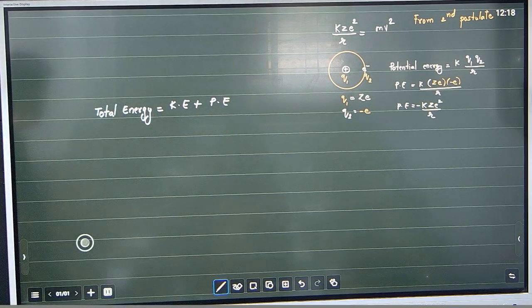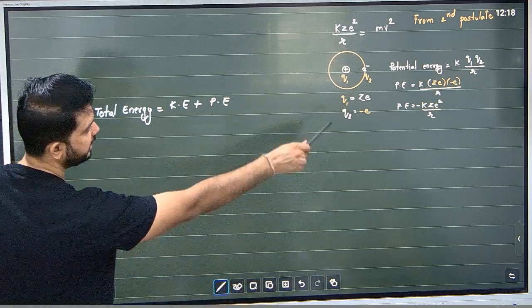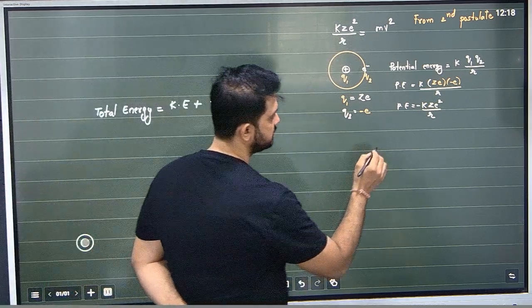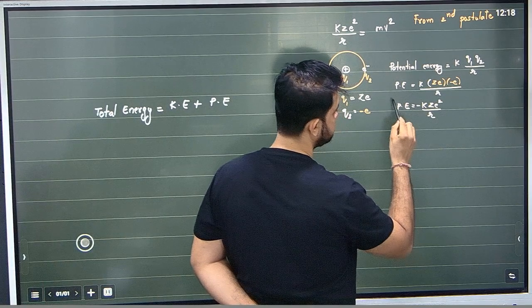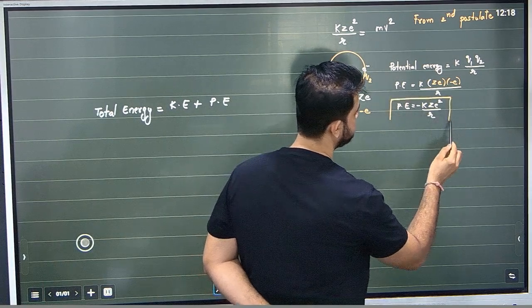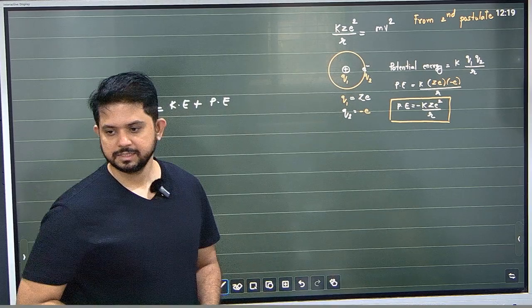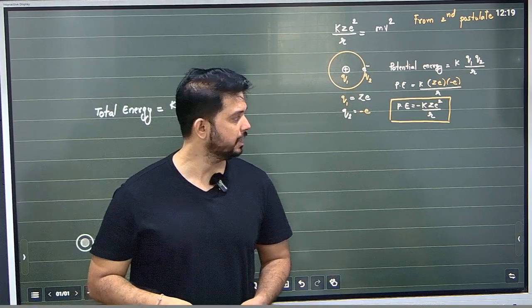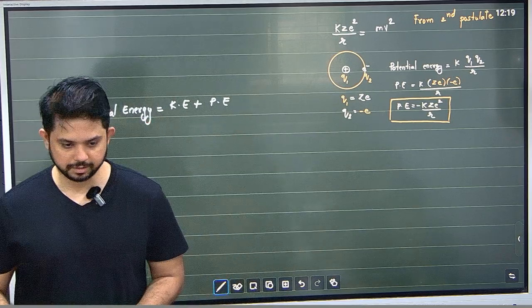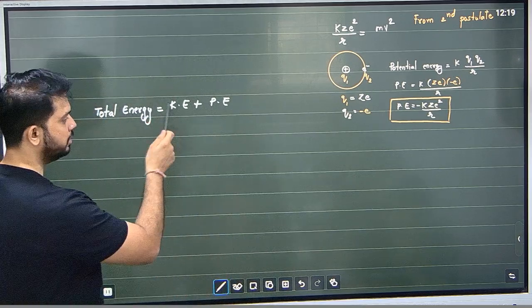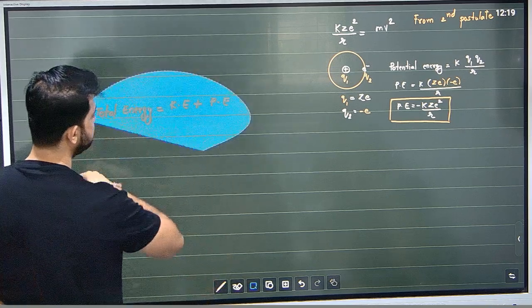We already have the expression for potential energy. What is that expression? Minus K Z E square by R. But we don't have the expression for kinetic energy.